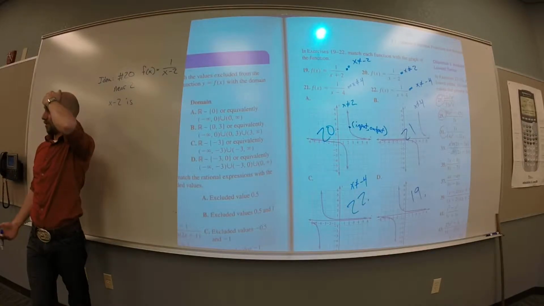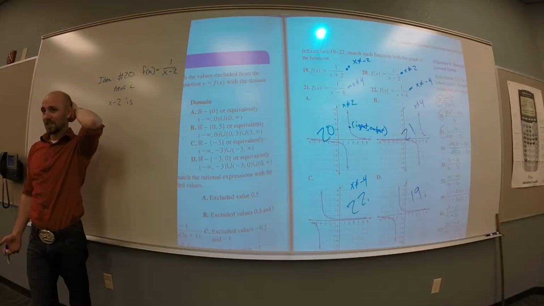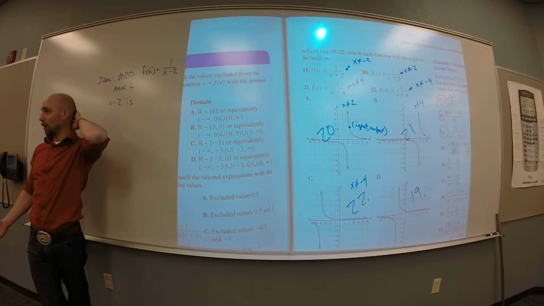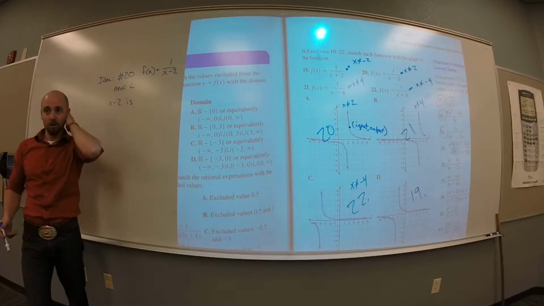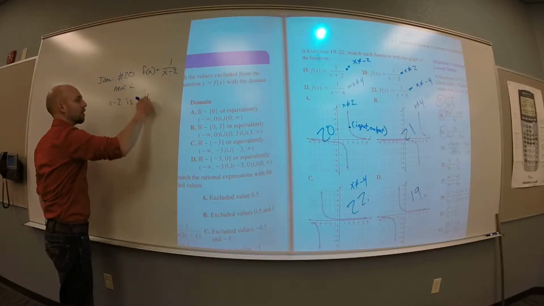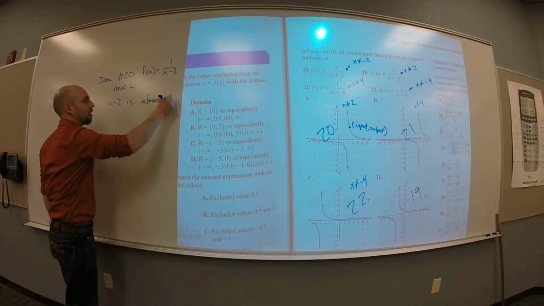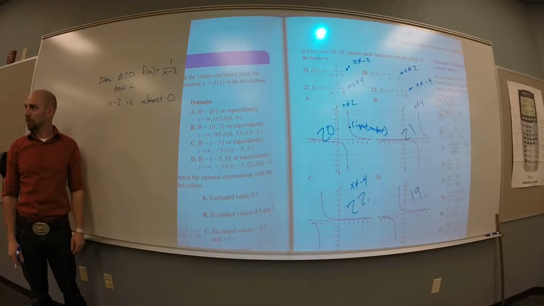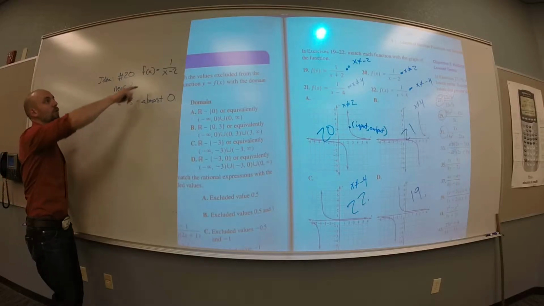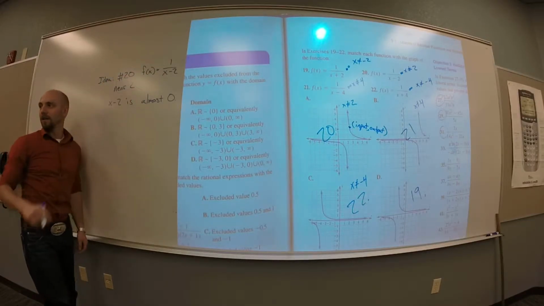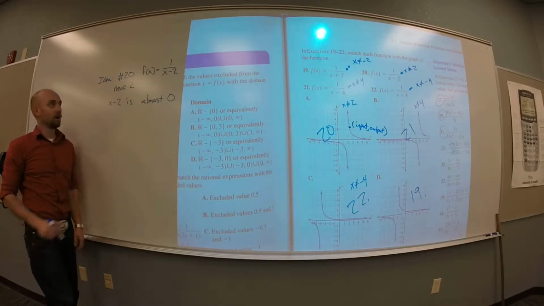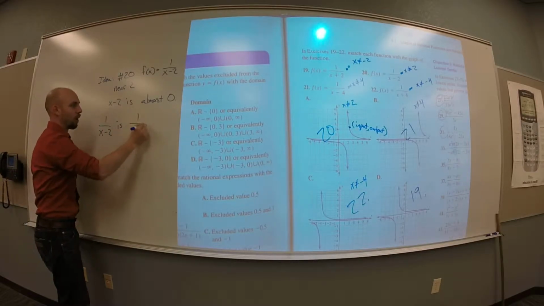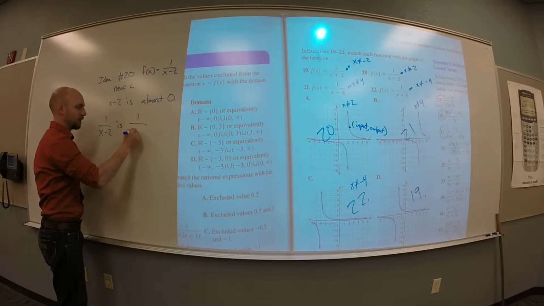Almost 0. Does that make sense? When x is just about 2, subtracting 2 from it will get you just about 0. Okay, so if x minus 2 is almost 0, then my 1 over x minus 2 is 1 over really small.